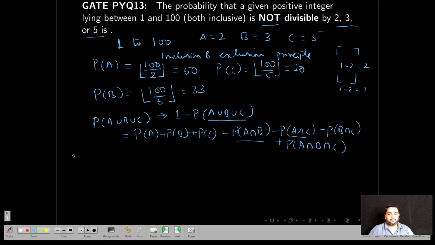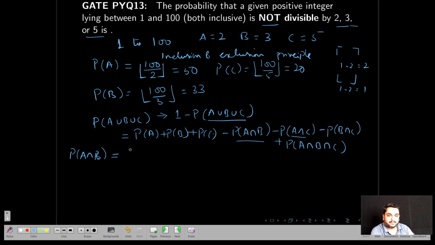Now P of A and C means what? Divisible by 2 and 5, that is 10, right? You can directly write it as divisible by 10. So P of A and C is what? For A and B, let us take first.